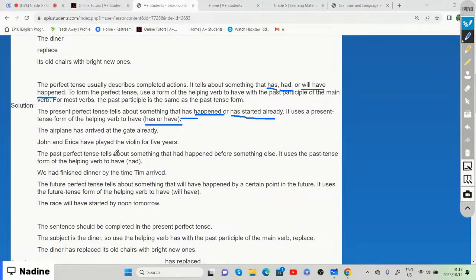It uses the past tense form of the helping verb, which is had. An example of the past perfect tense is: we had finished dinner by the time Tim arrived.